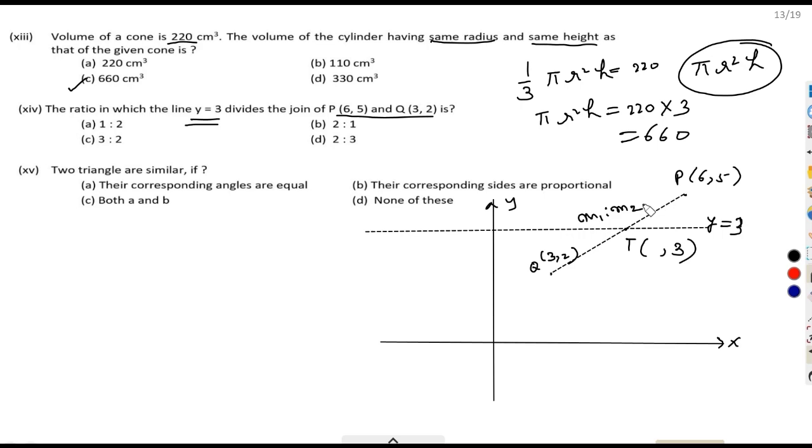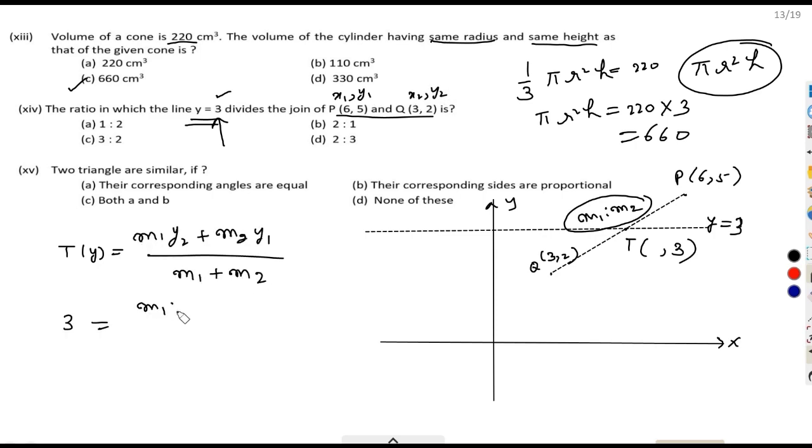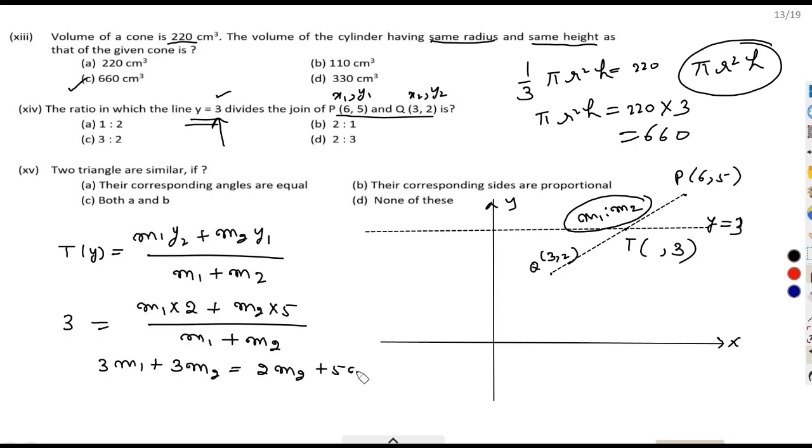Then by applying the section formula, you will get the value of m1 ratio m2. There is no need to draw the figure. You can just apply that at the point of intersection, the y coordinate will be 3. M1 ratio M2 is 2:1. B is the right option.